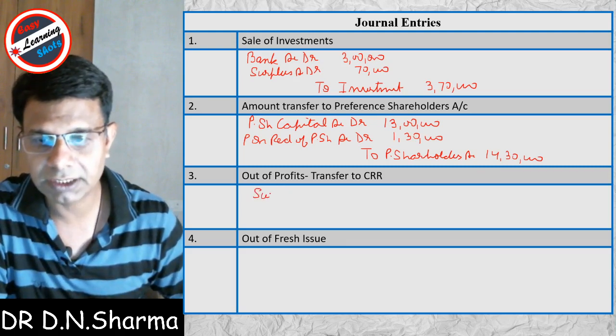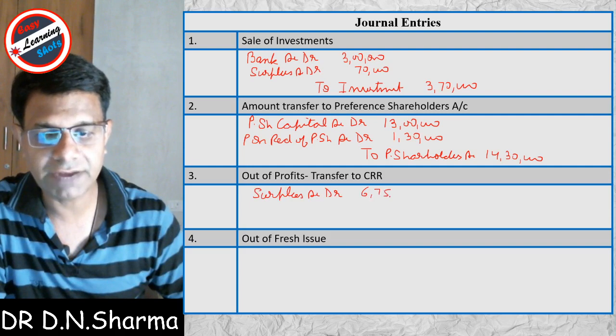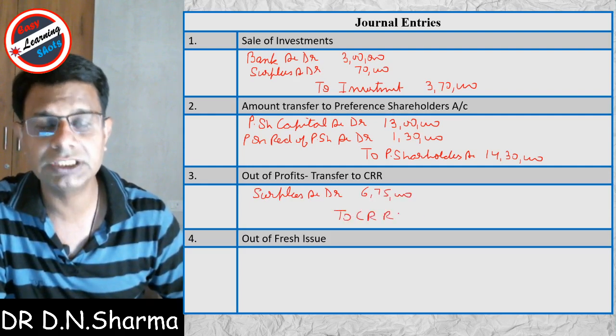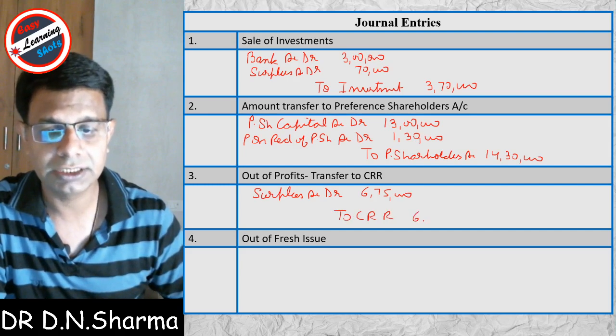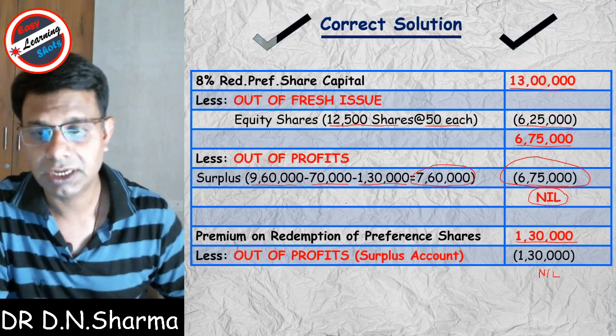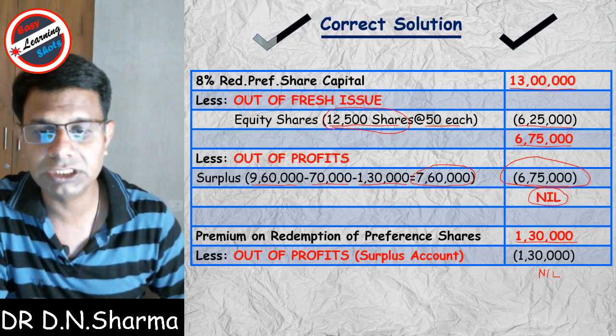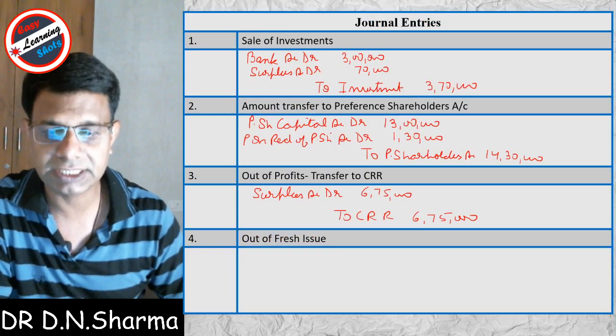So we debit surplus account with 6,75,000, and this amount is transferred to a new reserve account which is known as capital redemption reserve account with the amount of 6,75,000. Here in out of fresh issue, the company issued 12,500 equity shares of rupees 50 plus 10.